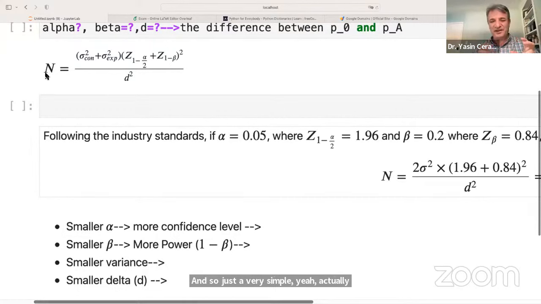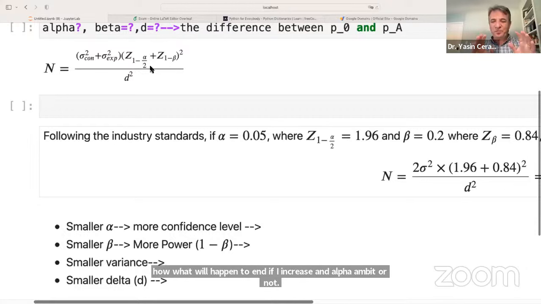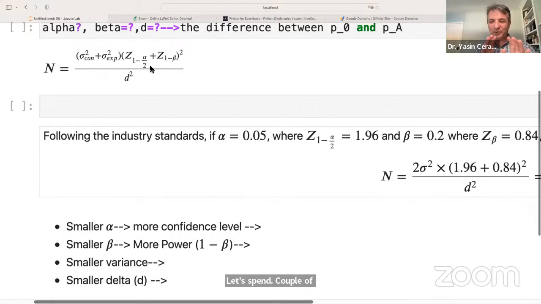If you just take this picture in your mind, in the numerator I have these three variables, in the denominator I have this variable, then you can easily, without hesitating, say what will happen to N if I change alpha and beta.